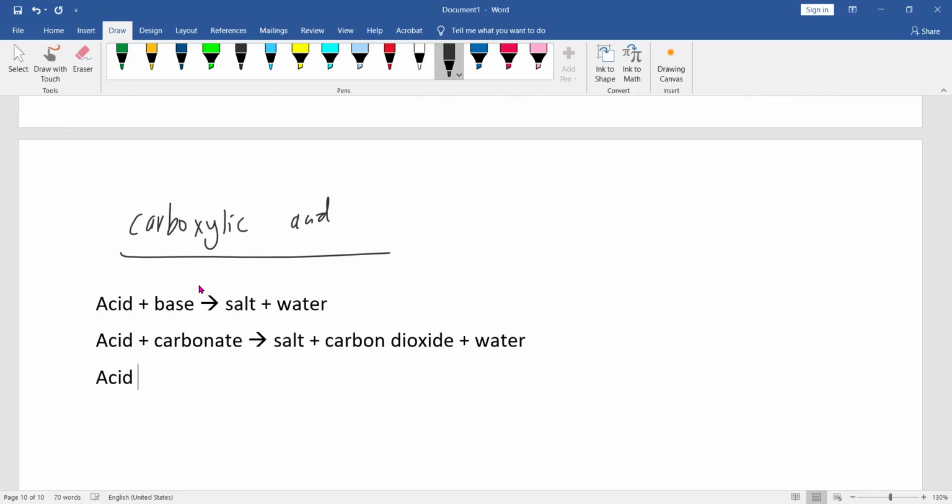One more thing. Acid and metal, salt, hydrogen. Oh my god. And finally, this acid, carboxylic acid plus alcohol. You get ester and water. So how many reactions? Four.